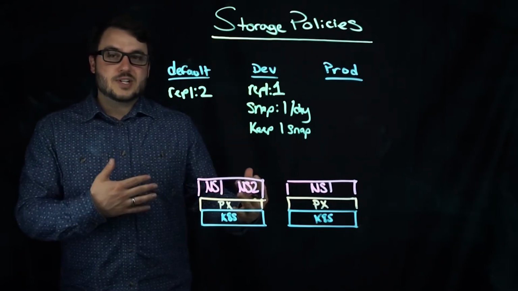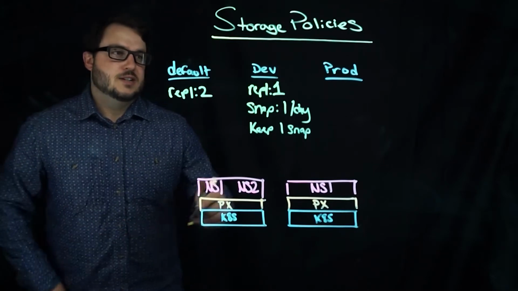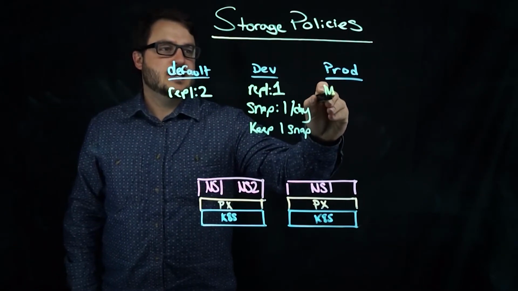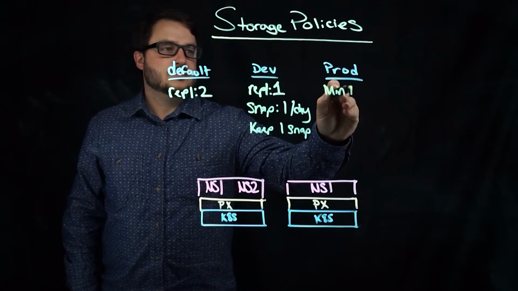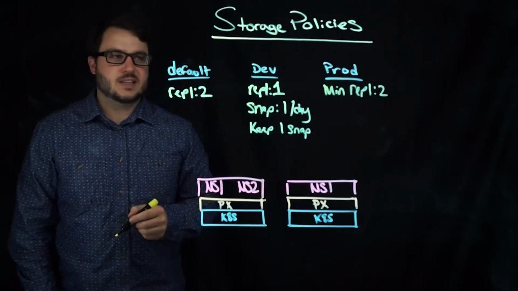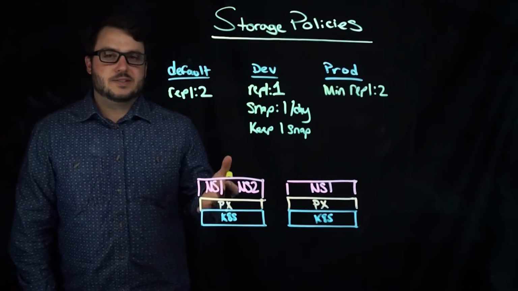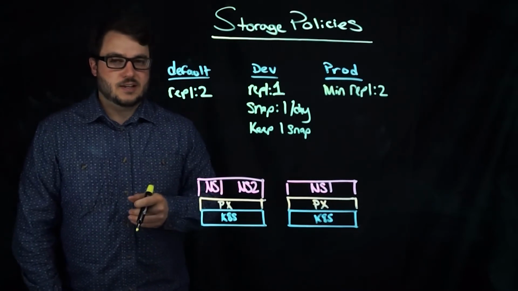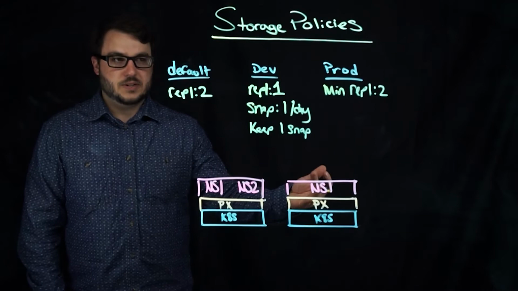Then in production, we want high availability. So we want to say that the minimum is replication of 2, meaning that when a volume gets created, it should at least have a replication level of 2, if not 3.